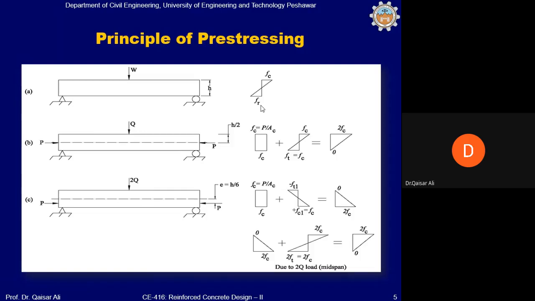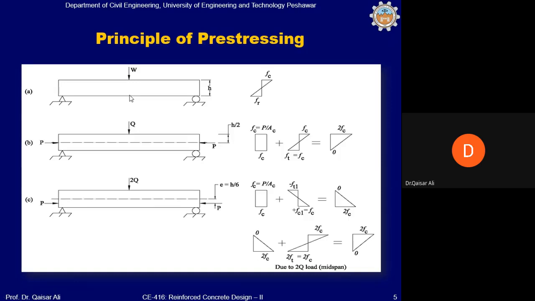Similarly, if you look at the variation of flexure stresses through depth, you have flexure stress at the neutral axis equal to 0, and the flexure stress increases as you move towards the top and bottom of the beam from the neutral axis, with the maximum compressive stresses occurring in the top fiber of the beam, and maximum tensile stresses occurring on the lower fibers of the beam.